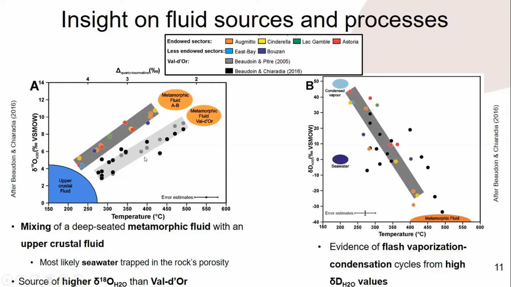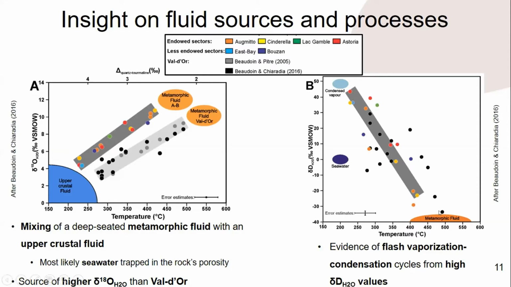We can see the same trend as vein minerals for the fluids, that the Augmitto-Bouzan has a higher delta 18O composition than in Val-d'Or, which, like Benoit just presented earlier, is probably due to 2 distinct sources of metamorphic fluids.